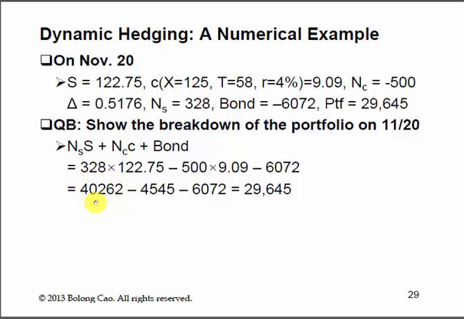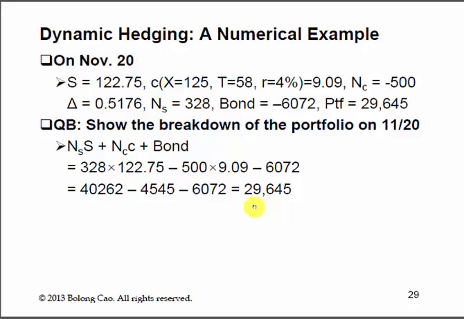The long position in the stock is 40,262, and our liability in the call is 4,545. We also have this borrowed money, with a straightforward negative sign, 6,072. So we have this liability in the call, and we have borrowed $6,000 something to finance the long position.